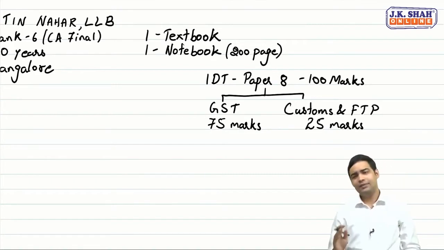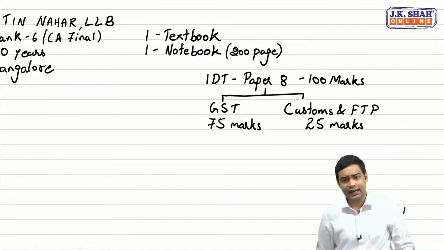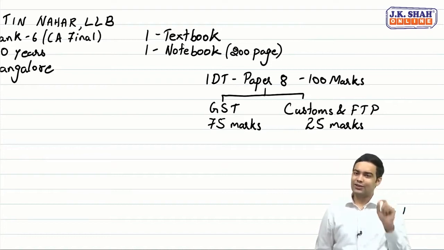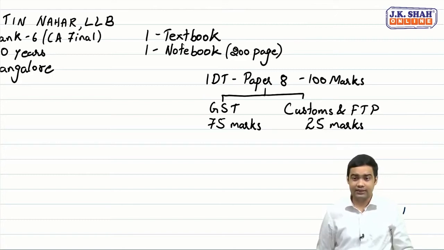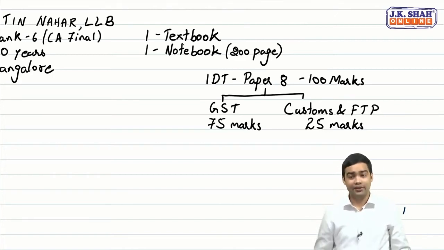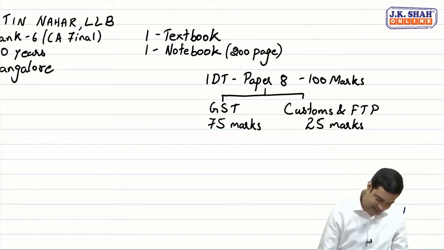But a very important thing which you must understand is the total paper always has an additional question. So the paper does not have 100 marks, but it has 116 marks in total.